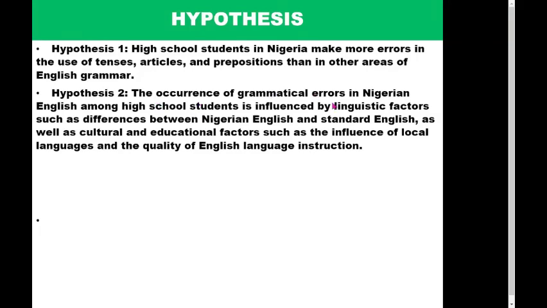The occurrence of grammatical errors in Nigerian English among high school students is influenced by linguistic factors such as differences between Nigerian English and Standard English, as well as cultural and educational factors such as the influence of local languages and the quality of English language instruction. You see, these are assumptions, very brilliant assumptions, intelligent guesses, if you like.